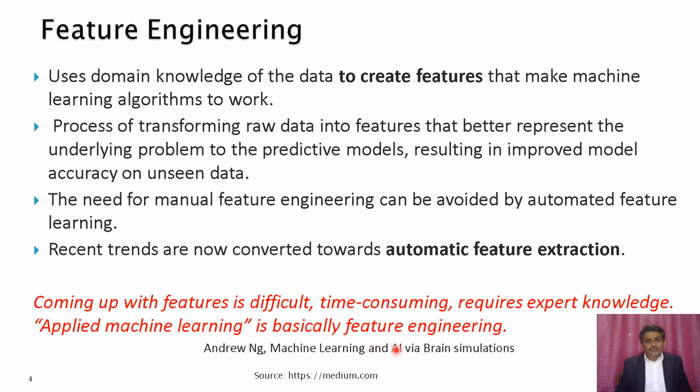According to Andrew Ng, coming up with features is difficult, time consuming, and requires expert knowledge. Applied machine learning is basically feature engineering. So from here we can see the significance of feature engineering in machine learning and pattern recognition.